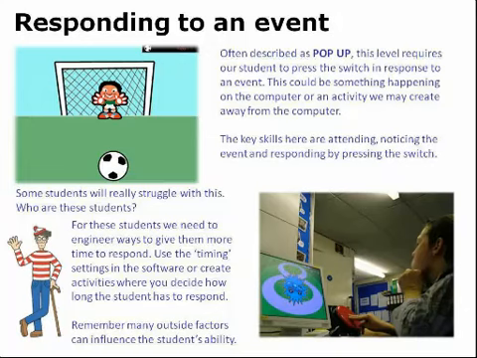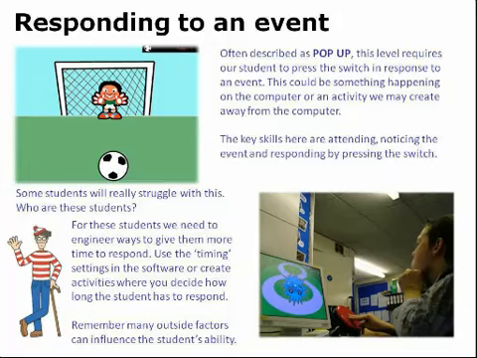Pop-up activities are really useful, but as I mentioned earlier, they're quite challenging for people who have cerebral palsy, so we do need to be very careful. If you're going to use software, go into the options and have a look for timing. There's usually a set of options which will allow you to change the amount of time the object's on the screen.